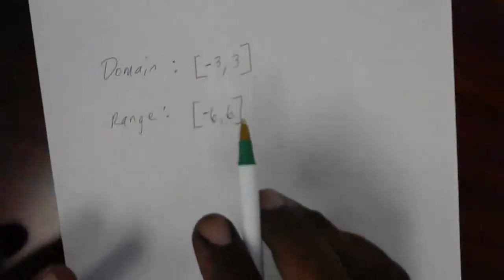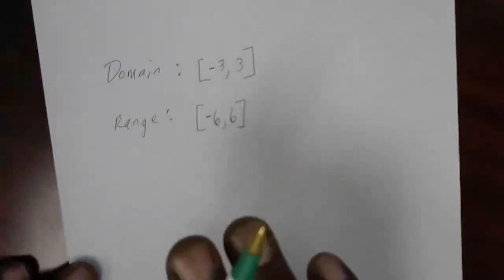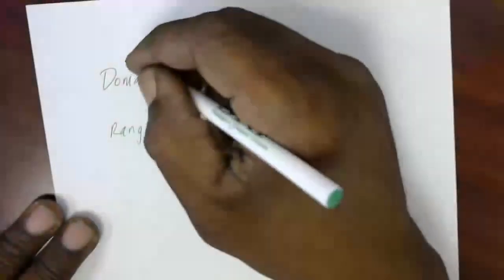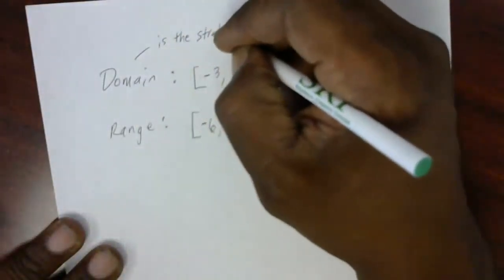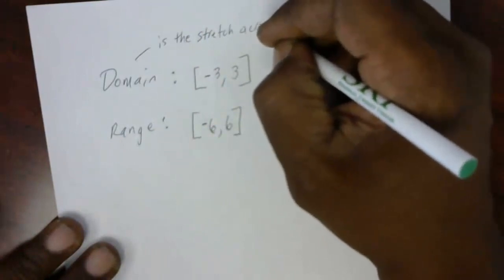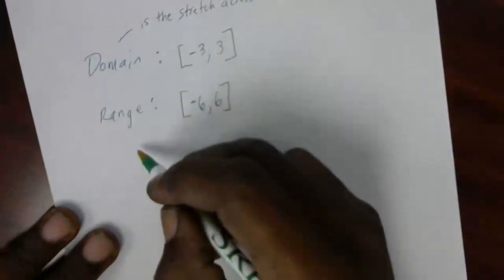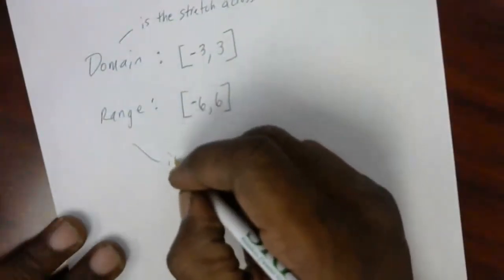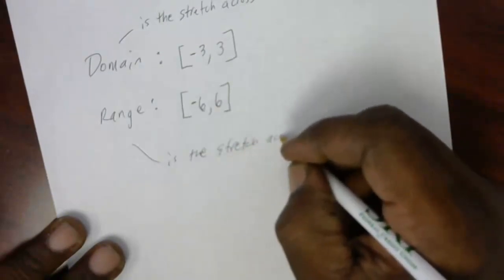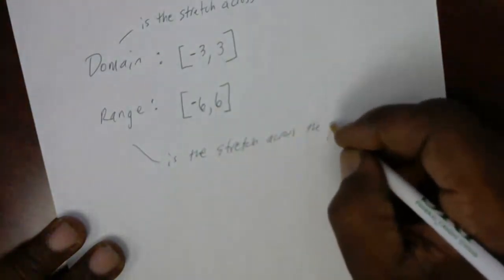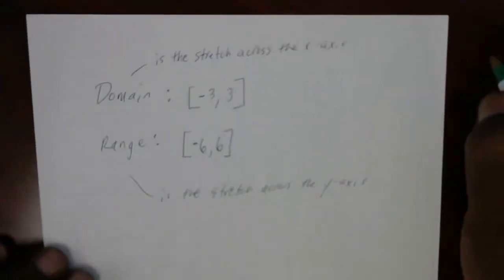All right, so we just looked at a graph, and from the graph we're able to determine the domain and the range. Just remember that the domain is the stretch across the x-axis. The range is the stretch across the y-axis. All right.